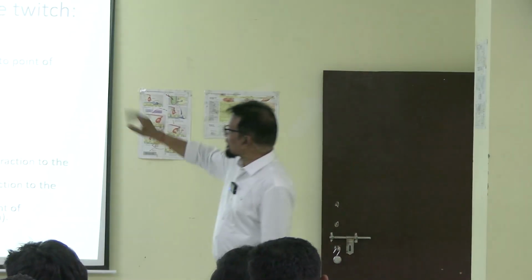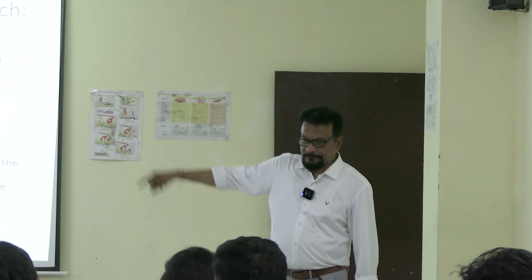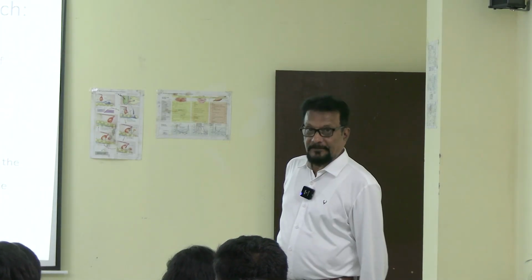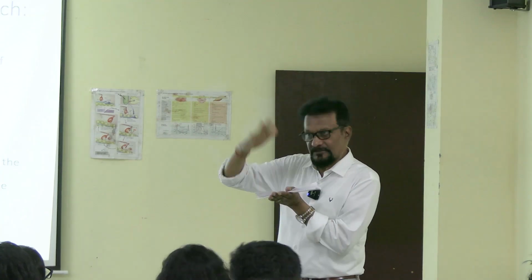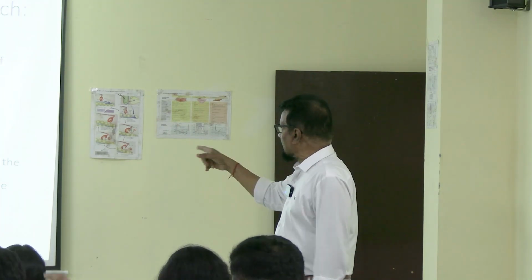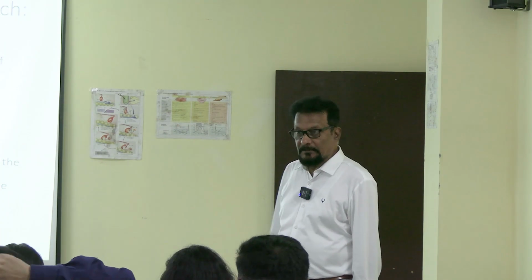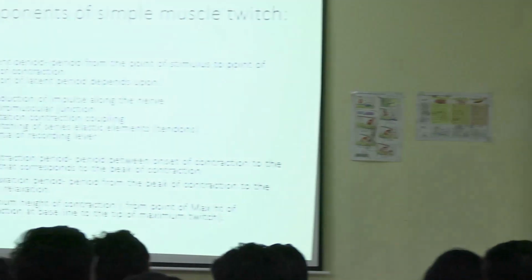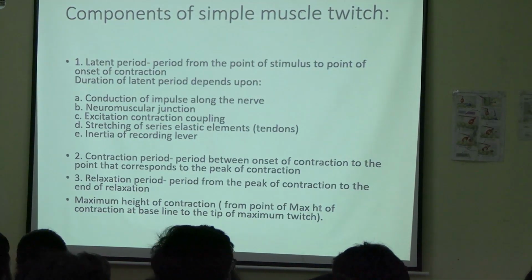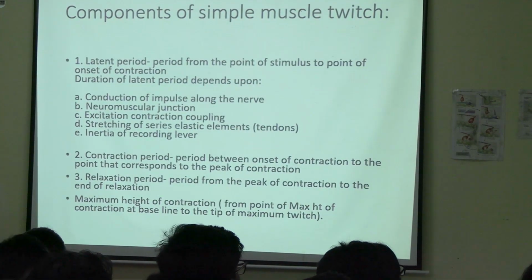Okay, then after the latent period, what is next? Contraction period. You know from where to which part, what is happening when the muscle is contracted. And relaxation period, the muscle is relaxed during this period, and maximum height of contraction. So maximum point, the peak.